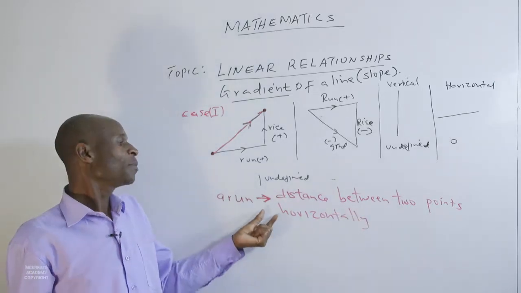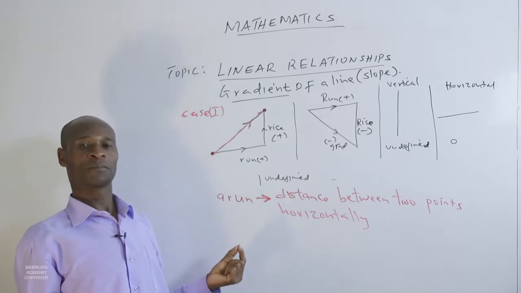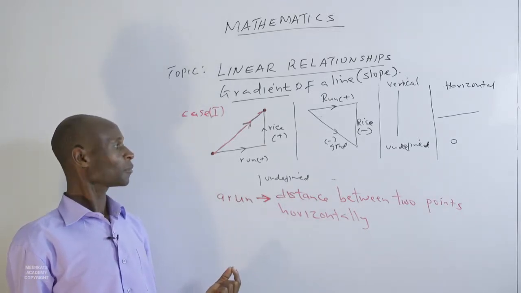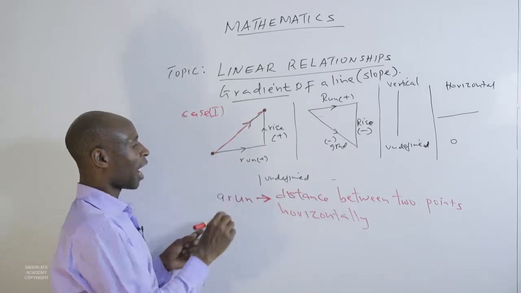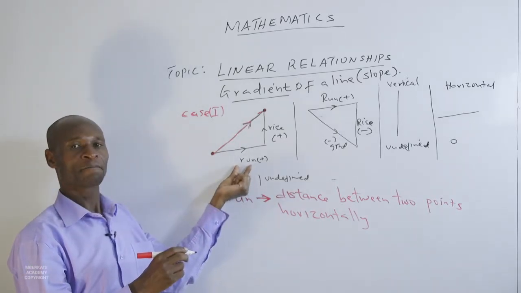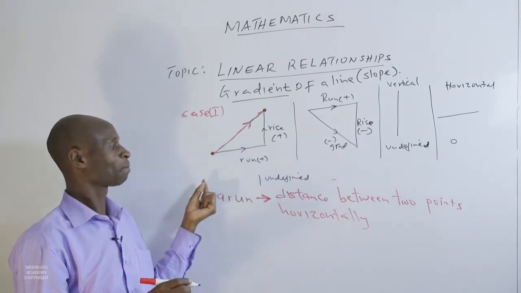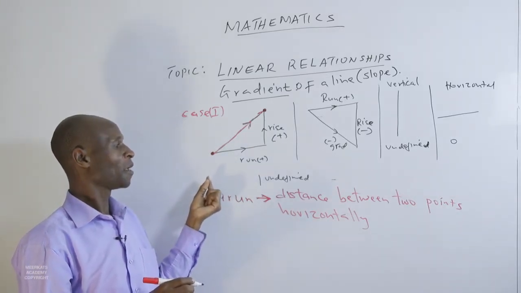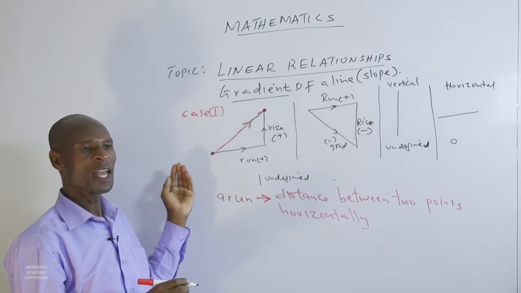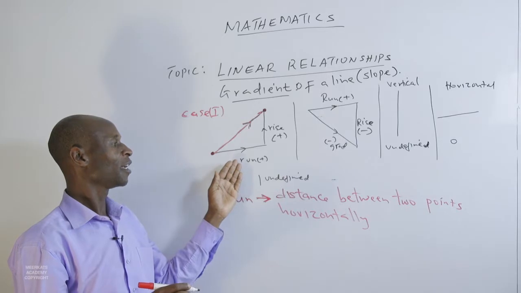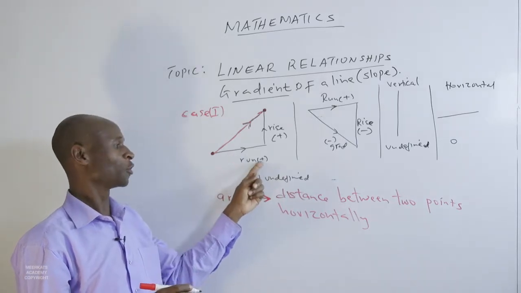That is the distance between 2 points on a straight line horizontally. In our case, our run is positive and the run is always positive. It always moves from the left to the right and therefore is assigned a positive sign convention.